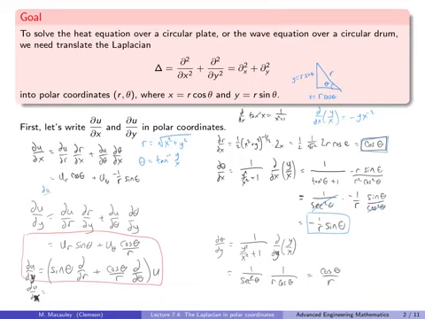So du dx equals cosine of theta times d dr minus 1 over r sine of theta times d theta applied to u. Okay, so that is important as well. Okay, so we're going to use this right away in the next slide.